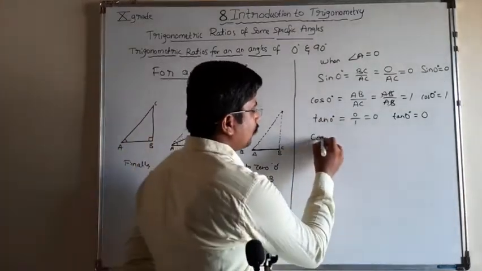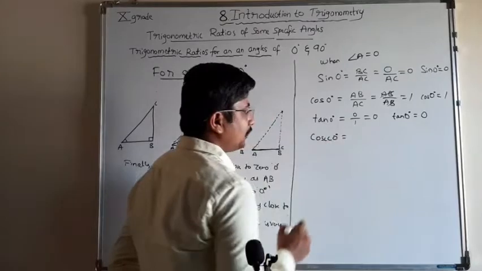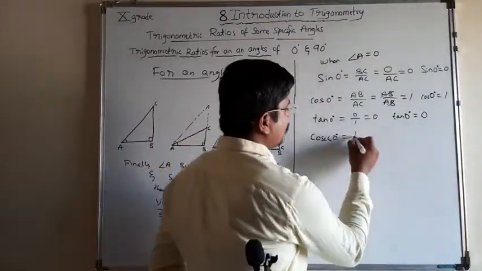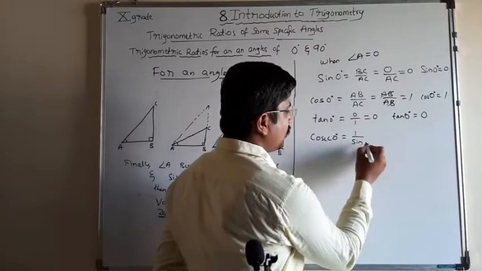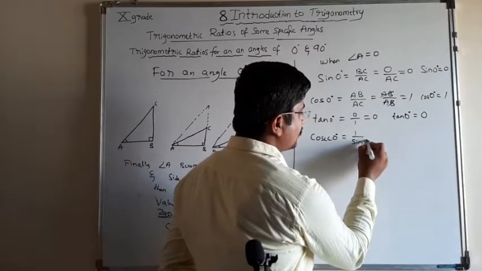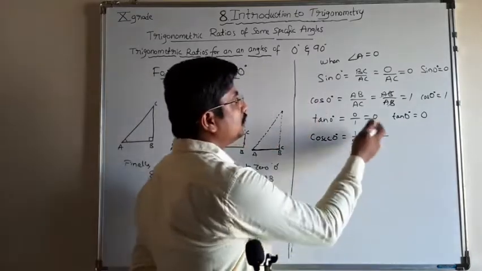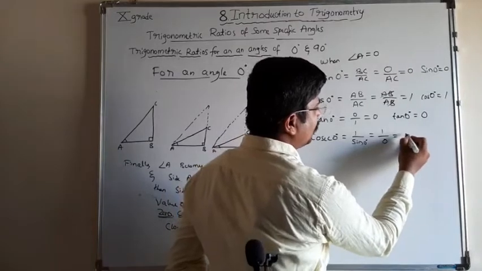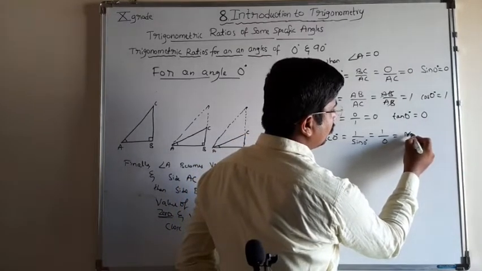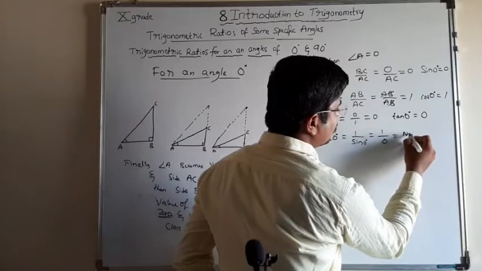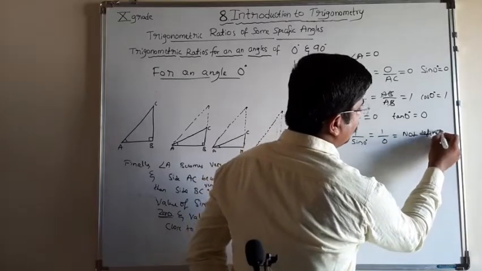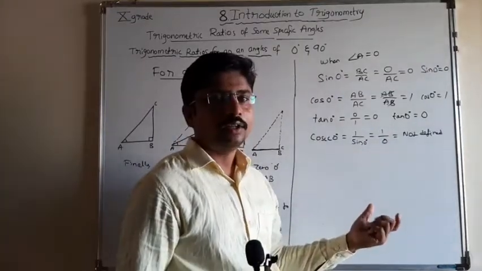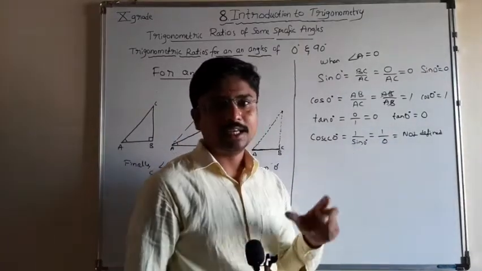Now, cosec 0 degree is the reciprocal of sin 0 degree. Cosec 0 degree is equal to 1 divided by sin 0 degree, and the value of sin 0 degree is 0. 1 divided by 0 is not defined, or we may call it infinity.